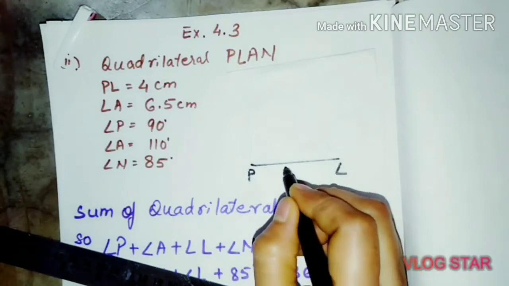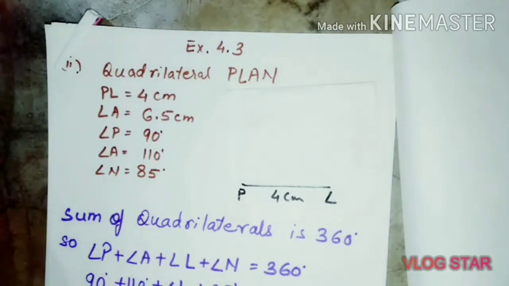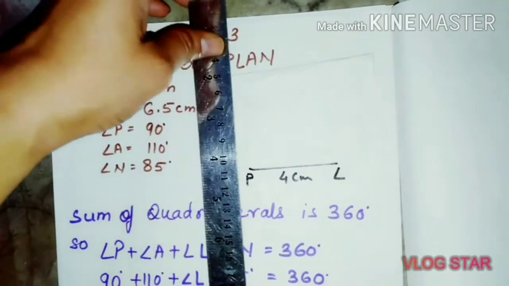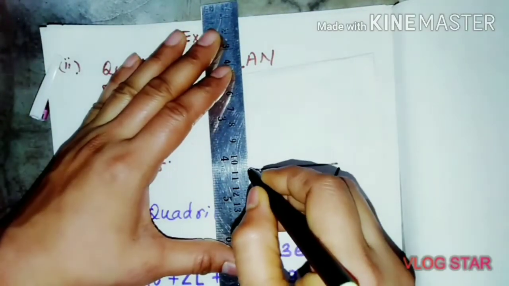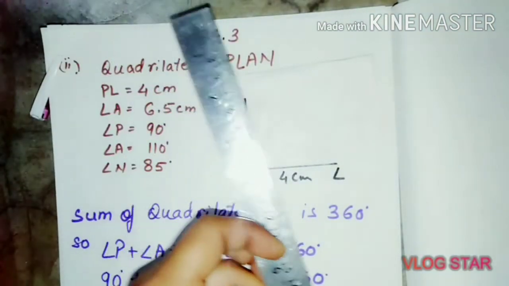PL is given 4 centimeter. Angle P is given as 90 degree, which we know is a perpendicular like this. Angle L is 75 degree.